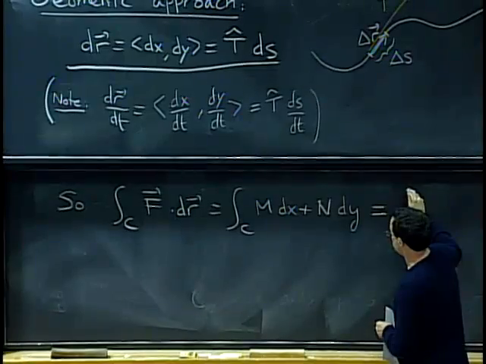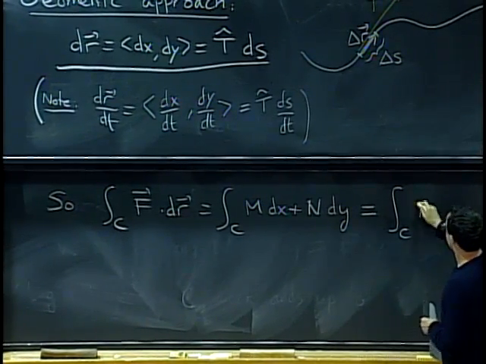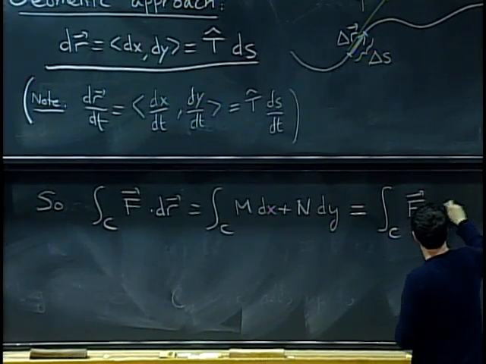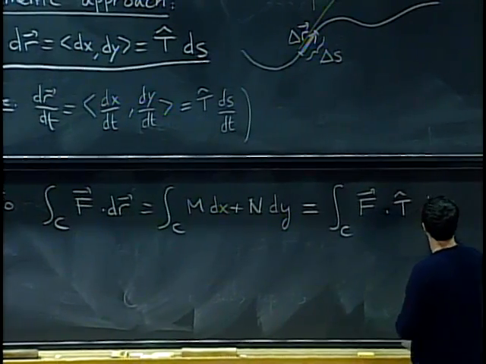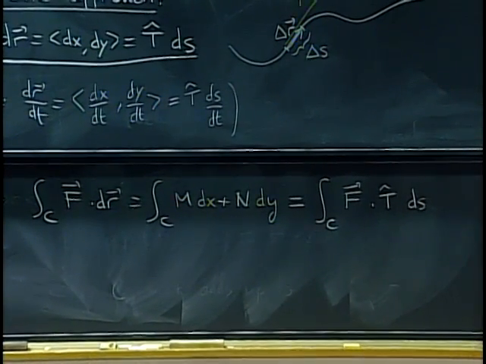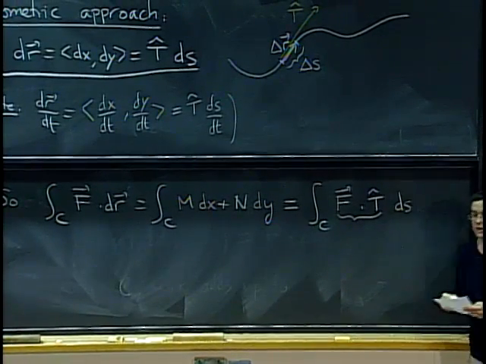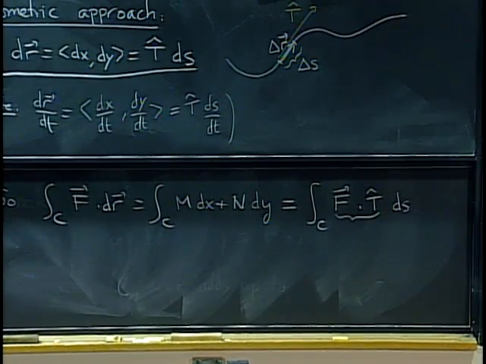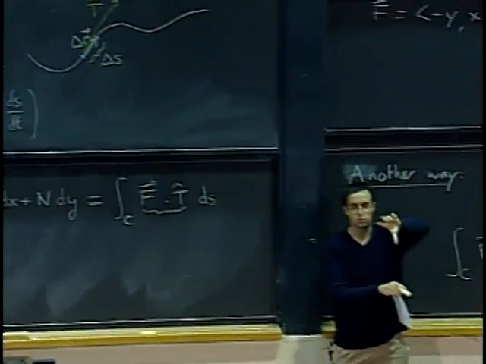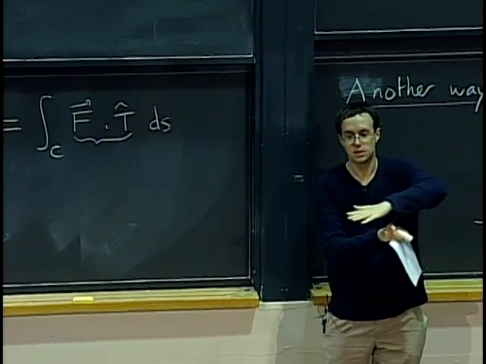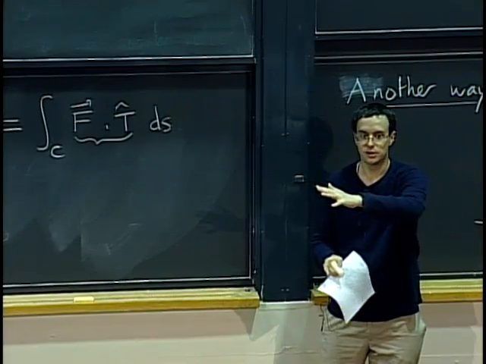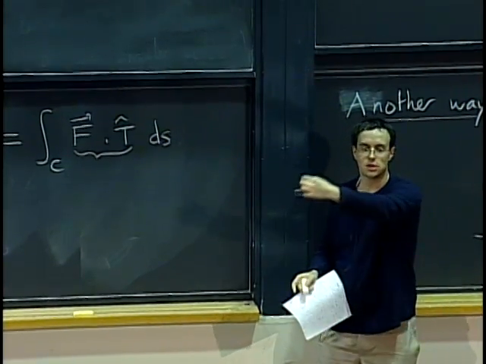But if instead I want to think about it geometrically, I could rewrite it as f dot t ds. Now you can think of this, f dot t is a scalar quantity. It's the tangent component of my force. So I take my force and I project it to the tangent direction to the trajectory, and then I integrate that along the curve.